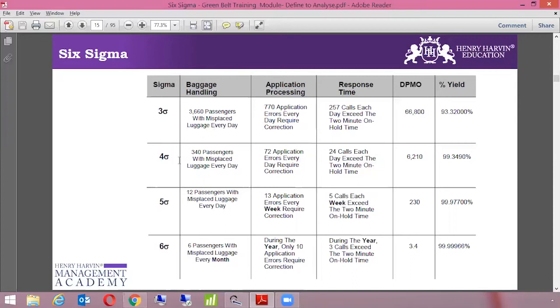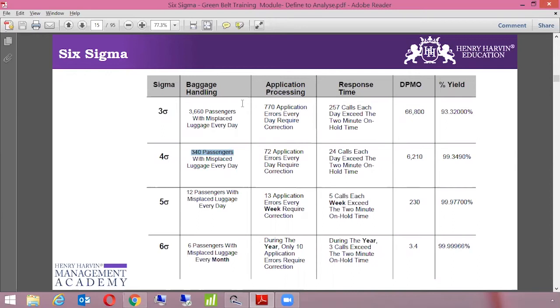If we want to work on 4 Sigma, it's 340 passengers. At 5 Sigma, it's 12 passengers, and at 6 Sigma, it's 6 passengers. So you see the number of passengers getting reduced the moment we increase from 3 Sigma to 4 Sigma to 5 Sigma to 6 Sigma.